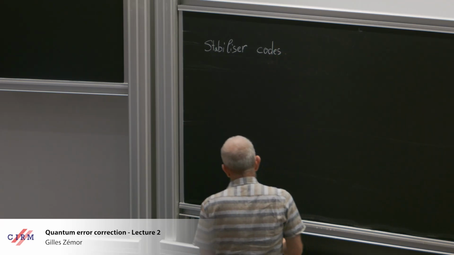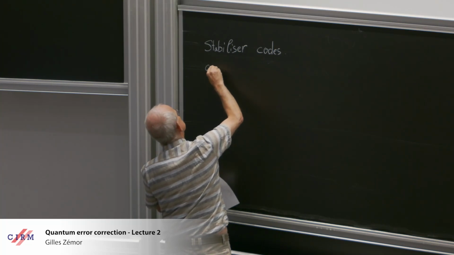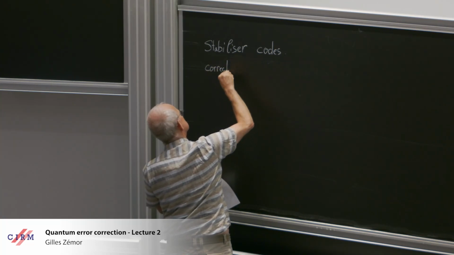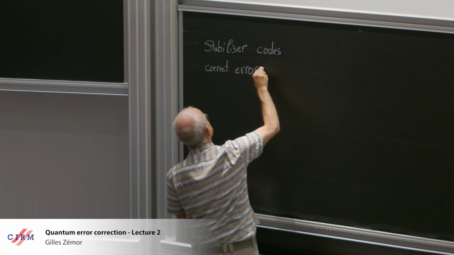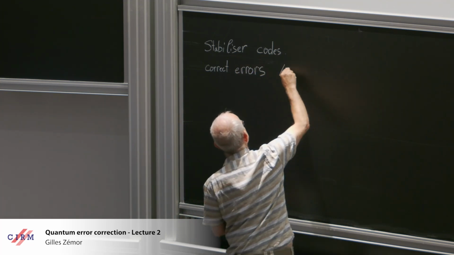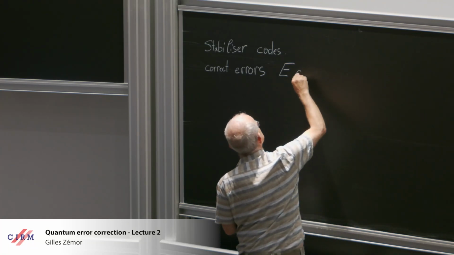So the general case goes like this. What are we trying to do? We're trying to correct errors, E. What is an error E? It belongs to this set.